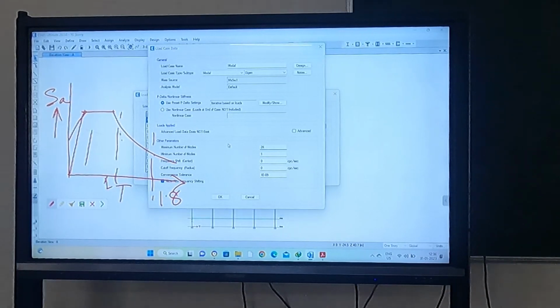For example, in the first trial, let's say I have given 8 modes in total and I have done the analysis. Then I came to know that the total mode contribution is less than 90%. So this number of modes is not sufficient, which means you increase the number of modes. It doesn't matter, you can give even 200, 300. Higher is better, but it will increase the computational time.